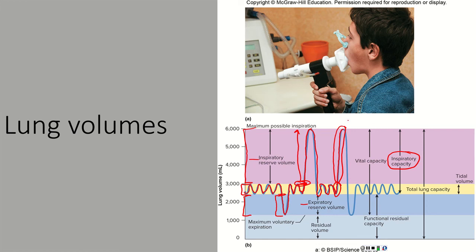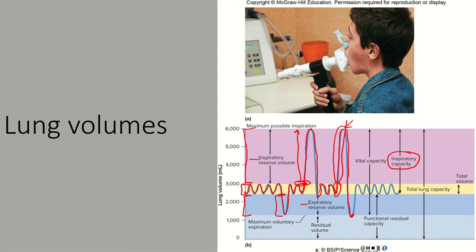So right now, we're at the top of an inspiratory reserve volume inhale. Our lungs are maximally inflated. They are as full as we can make them without doing damage. Now from that point, let's say we blow all of the air out that we can possibly blow out.